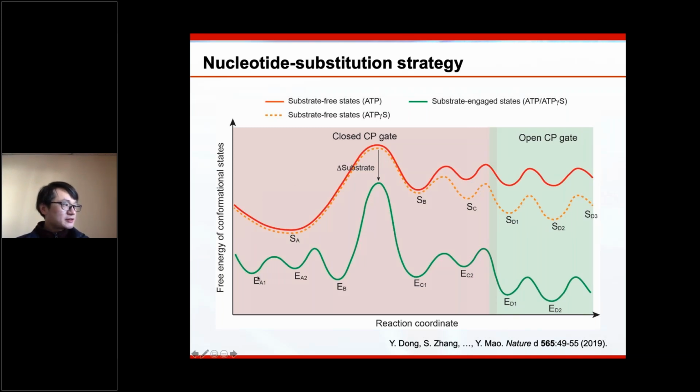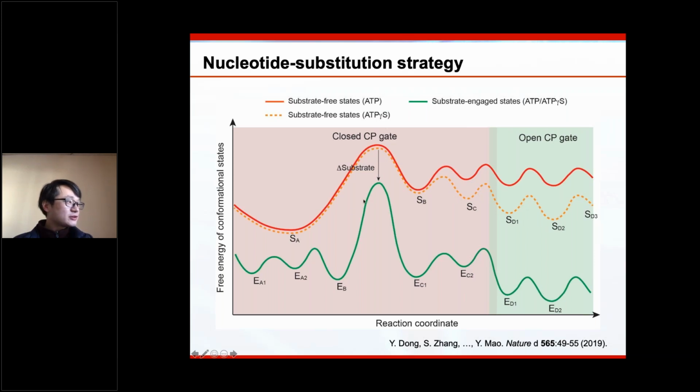But I draw here a schematic or conceptual comparison, which is easier to read. Without substrate, I show the ATP state as the red free energy profile, and the substrate-free state with ATPγS as the orange dashed profile.